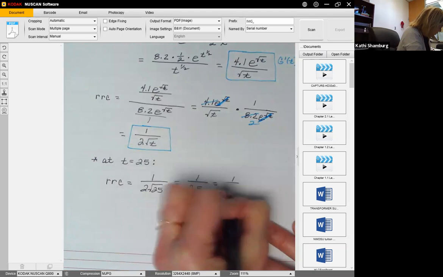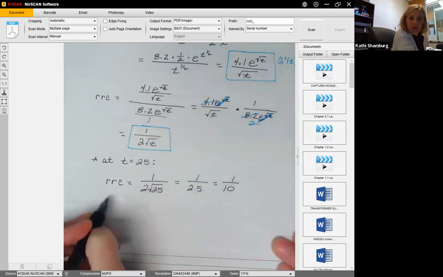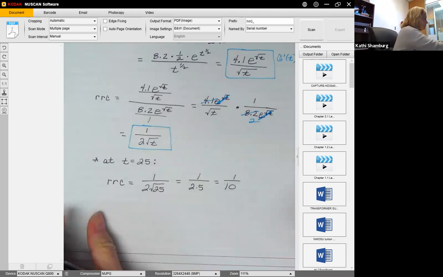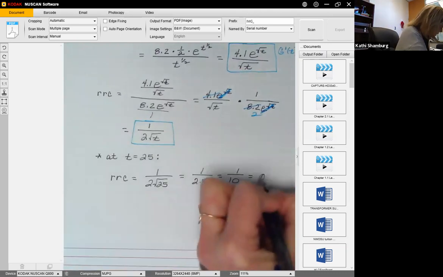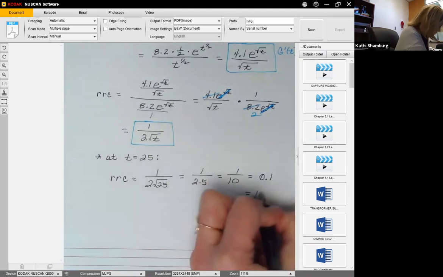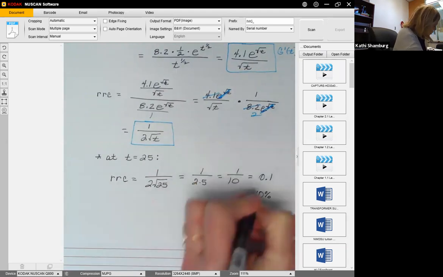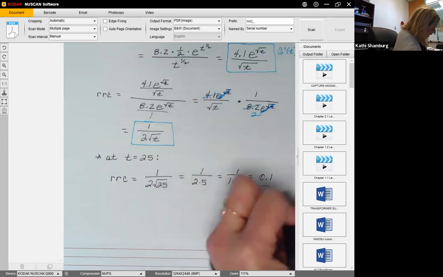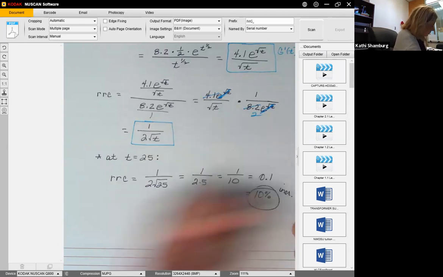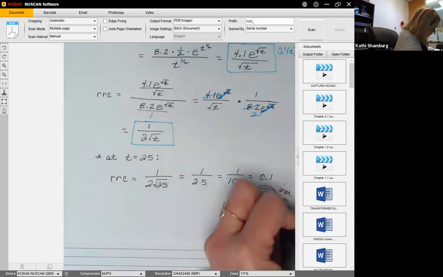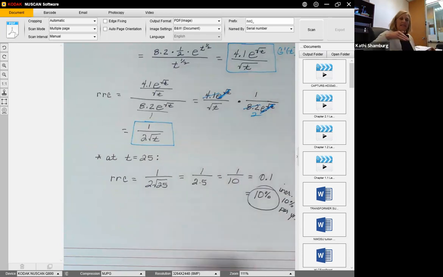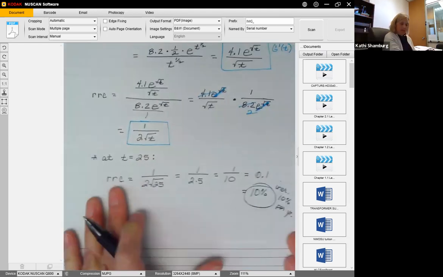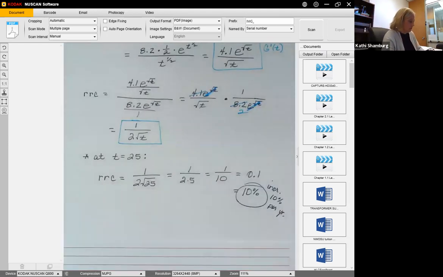So we get 1 over 10, and RRC we look at as a decimal and then a percent, 1/10, so this would be 10%. So since this is positive, we know we have an increase, 10% per year. So the GDP is going to increase at a rate of 10% per year.